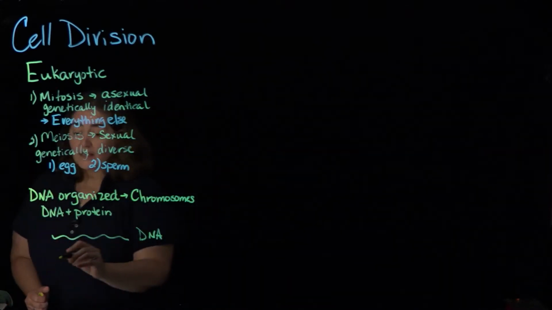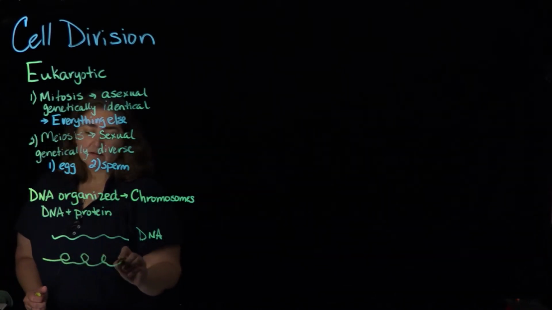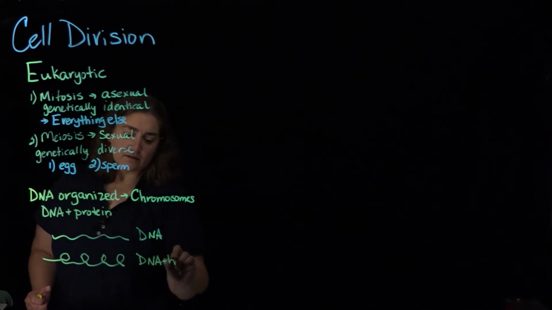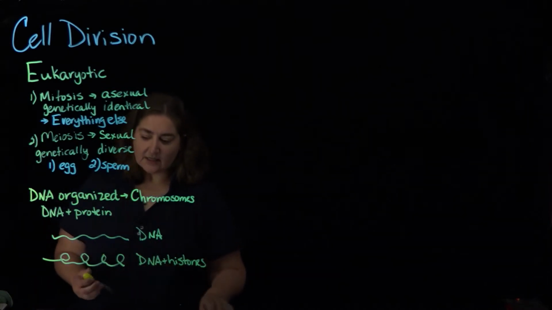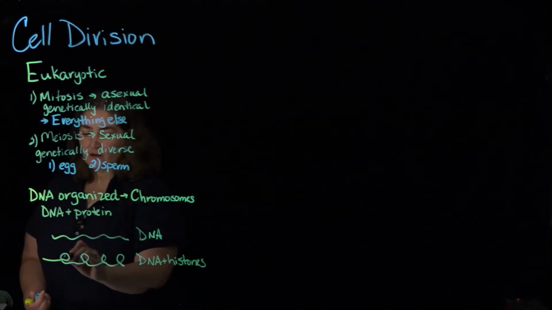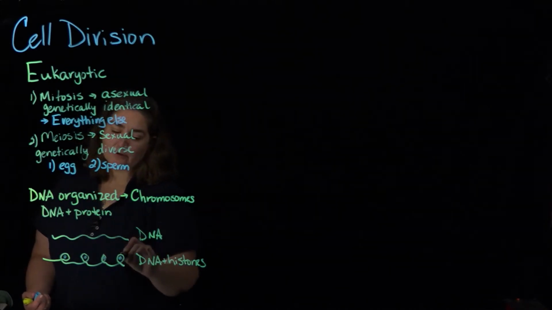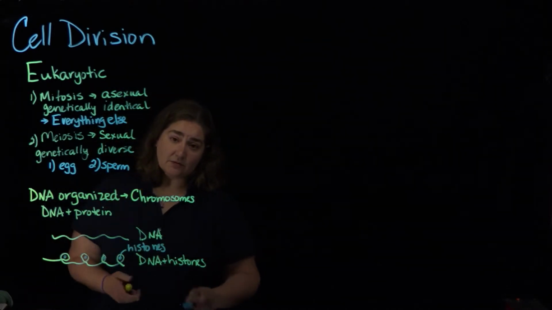And what's going to happen at that first level is that DNA is going to coil around itself. Well, around a protein first. And that protein it's going to coil around are known as histones.